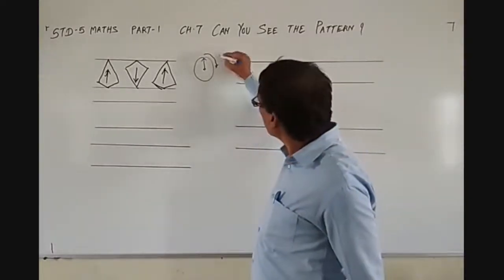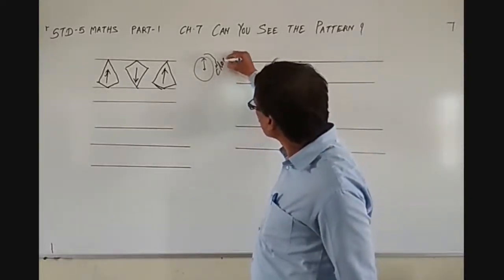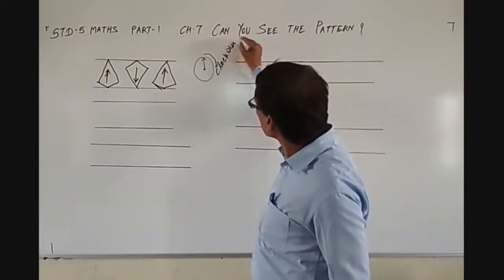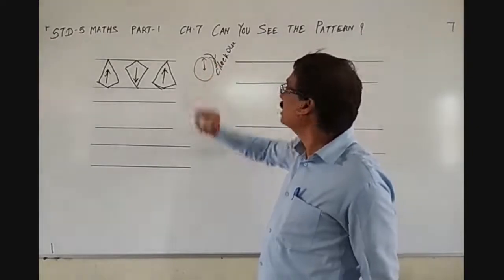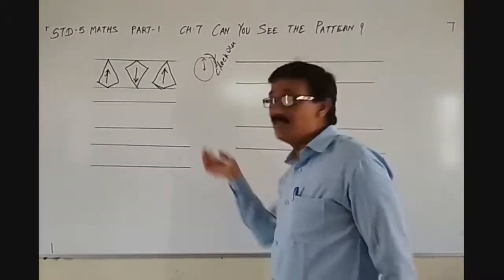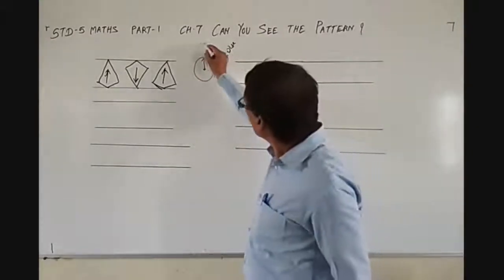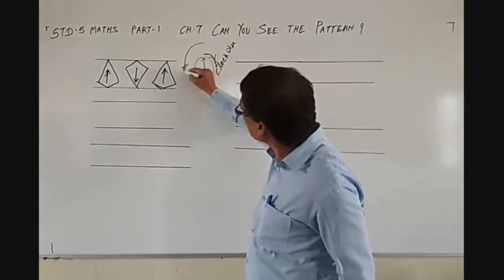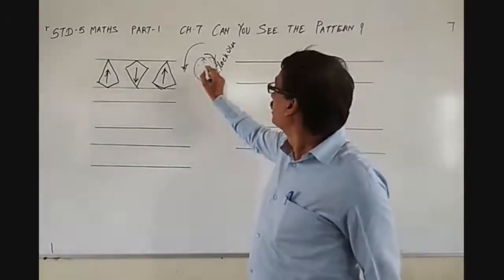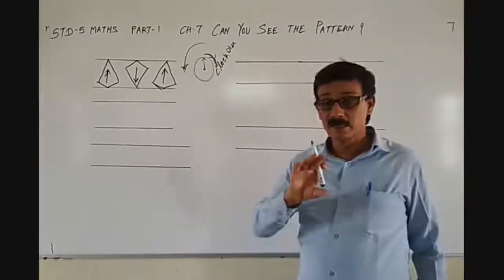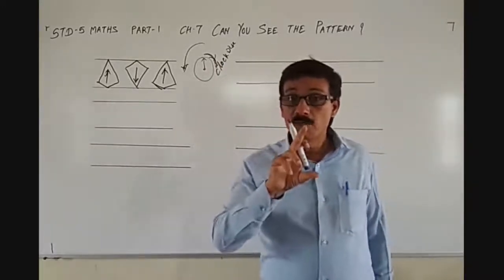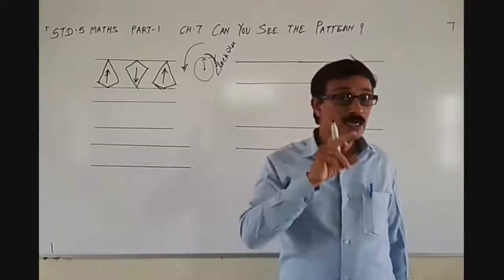So this direction is known as clockwise direction, and the reverse direction, that is in this direction, is anti-clockwise. This is the clockwise direction. Okay, so that pattern rotates 1/4, clockwise.